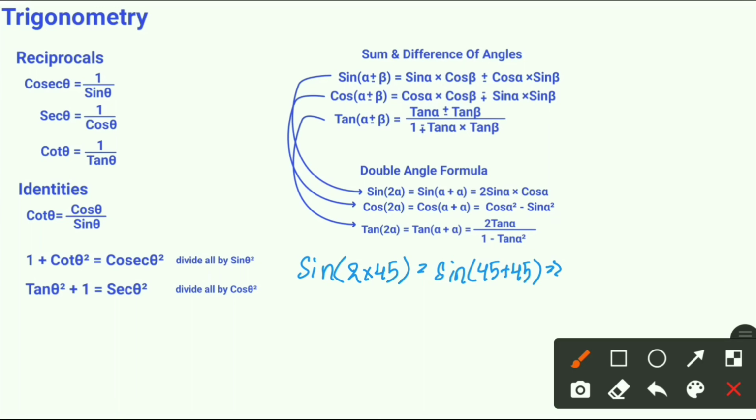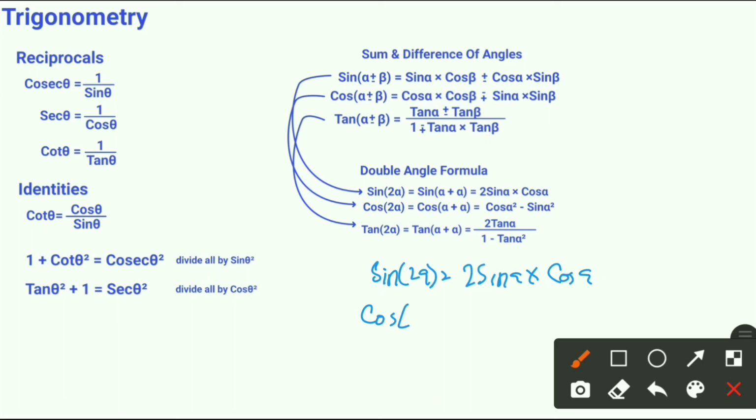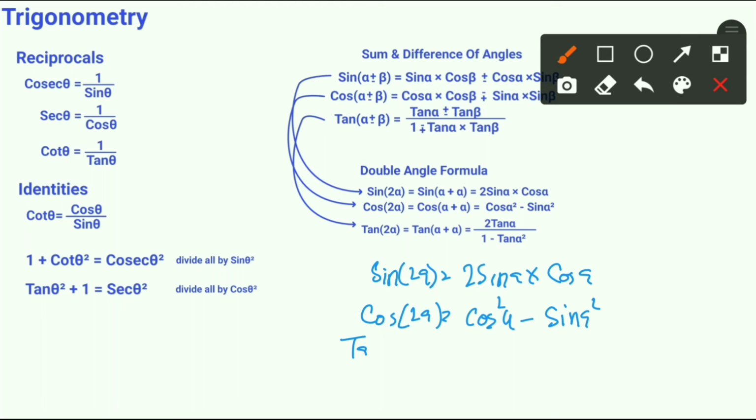So same thing as here: sine 45 cos 45 plus cos 45 sine 45. Or you could just write it down like sine 2a is equal to 2 sine a cos a, cos 2a is equal to cos square a minus sine square a, tan 2a is equal to 2 tan a upon 1 minus tan square a. Okay, so this is the double angle formula.